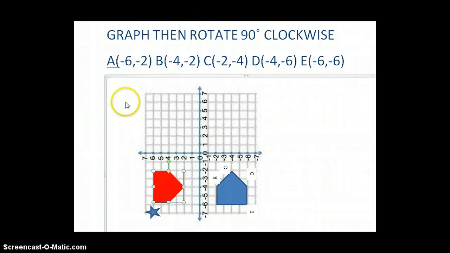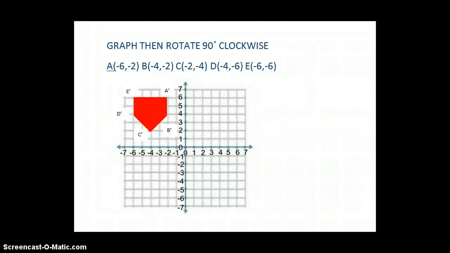So your shape should have looked like this. Now you want to label your points with prime notation. You'd have A prime, B prime, C prime, D prime, and E prime. So once you rotate your graph back to its original position, you should have ended up with a shape that looks something like this, with your points labeled as they are in my graph.